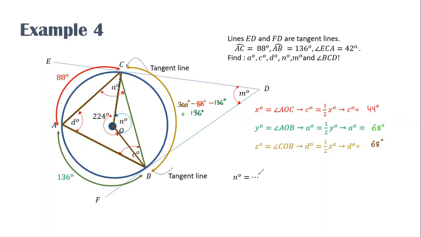So n degrees is 360 degrees minus 224 degrees. 360 degrees minus 224 degrees, we get 136 degrees. Next.